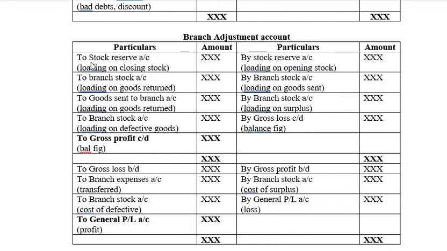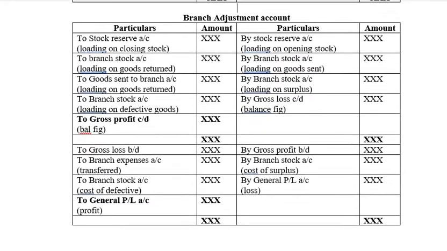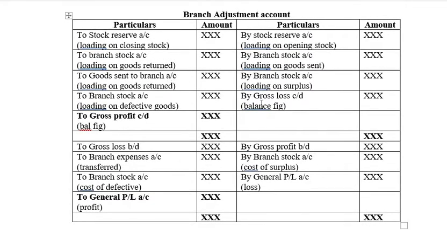To the debit side you have stock reserve account, wherein loading on closing stock. I told you that there are two parts in this account. This is the first part, up till gross profit, and this is the second part, where you have the other transactions. In the first part you include all the kinds of loading: to stock reserve account, loading on closing stock; loading on goods return; loading on defective goods; loading on surplus.